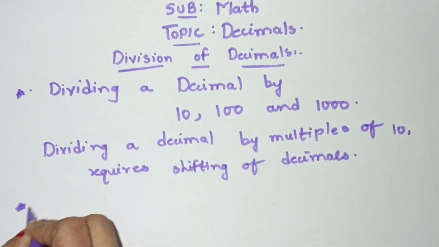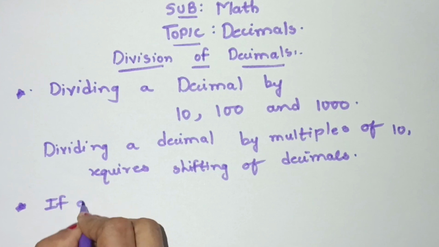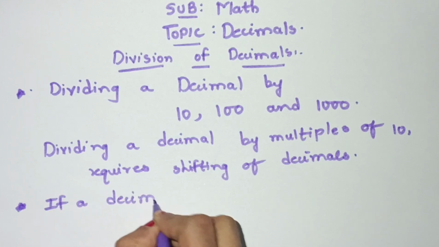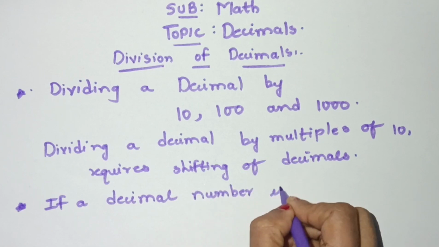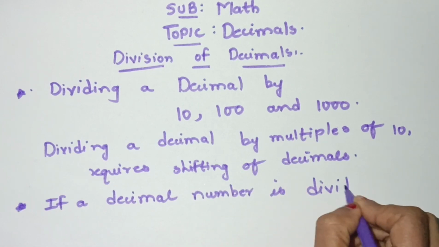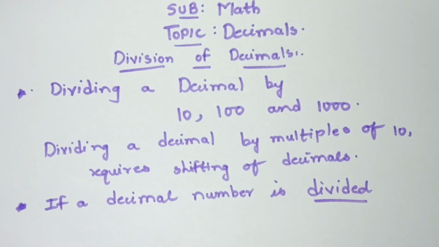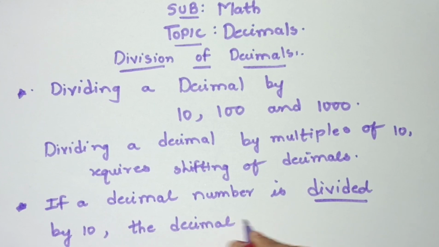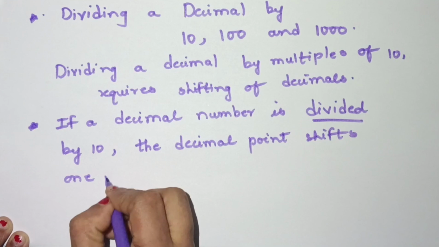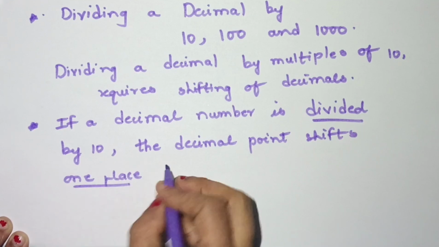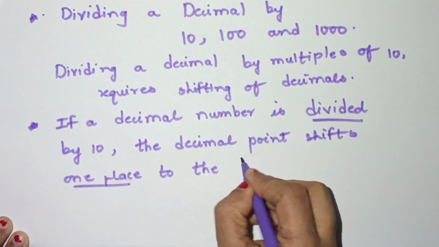Now in this, if a decimal number is divided by 10, the decimal point shifts one place. How many places? One place to the left.